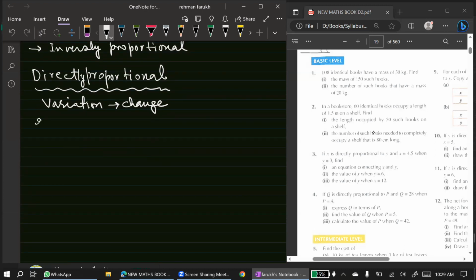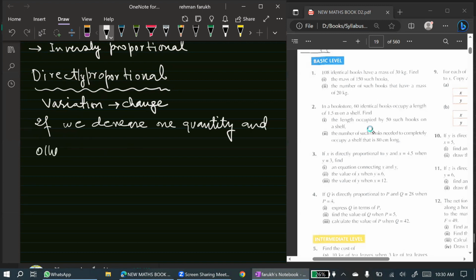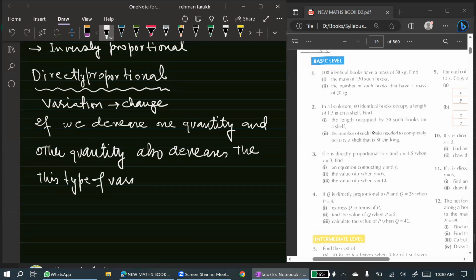If we decrease one quantity and the other quantity also decreases, then this type of variation is called directly proportional, or direct proportion.